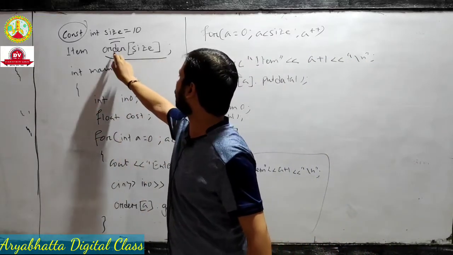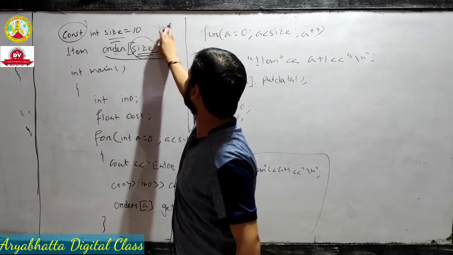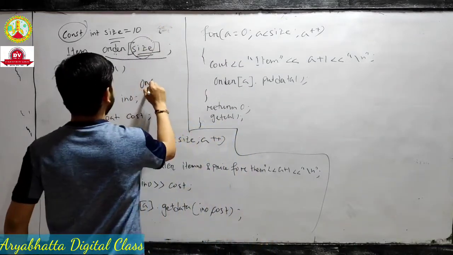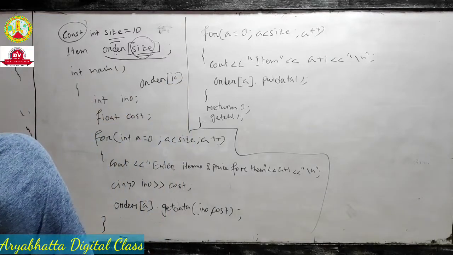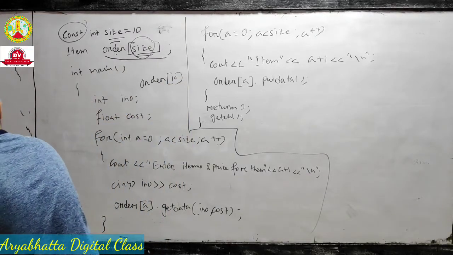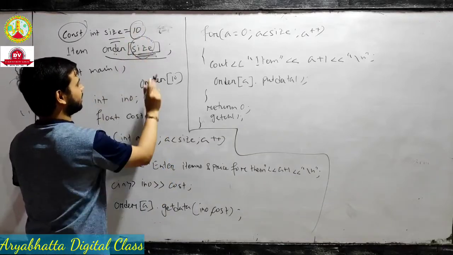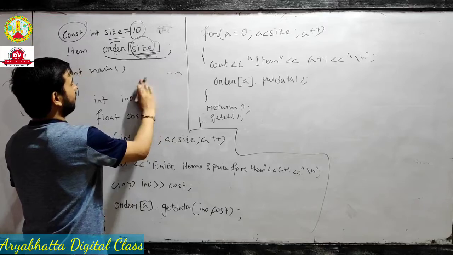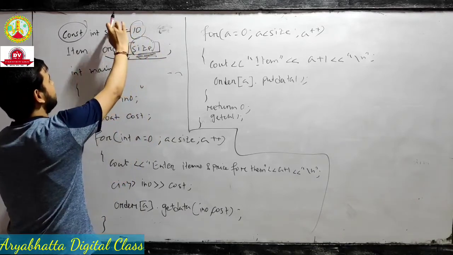Okay, and this will be the main thing: an array of objects. This is the object name, and it is an array. And what is the size? 10. Also, you can write it like this, order 10. But we declared size as 10, so we directly write size here. Order size or order 10 is the same thing, because 10 is assumed in size.